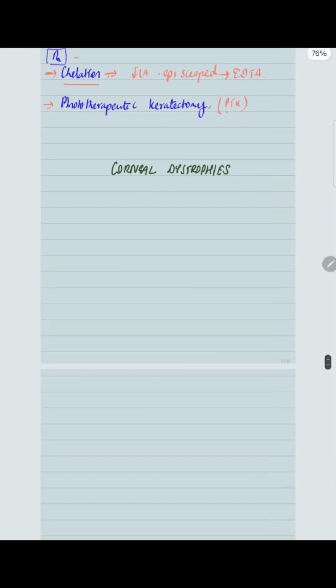Now coming to corneal dystrophies. Corneal dystrophies are inborn, inherited disorders in which the cells have some inborn defect resulting in development of corneal haze in an otherwise normal eye. There is no inflammation, no vascularization, no associated systemic disease.